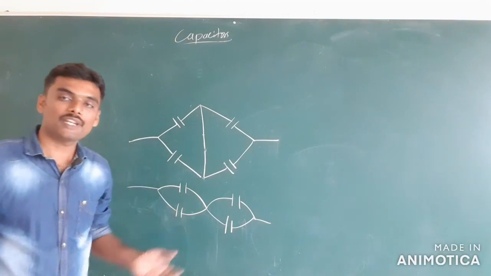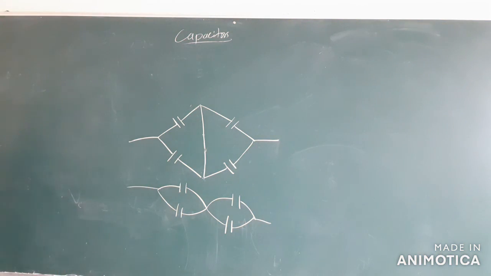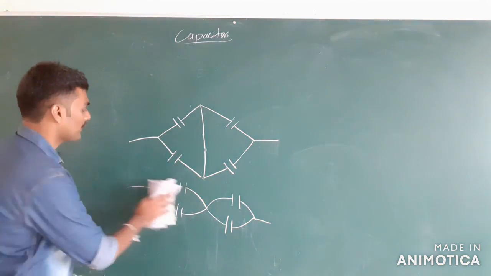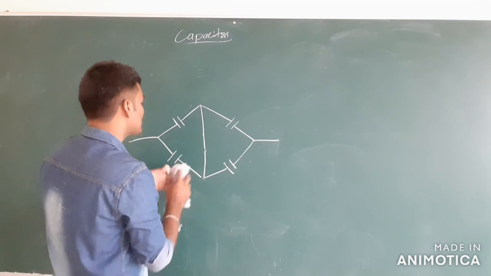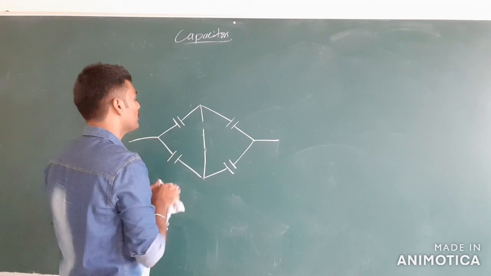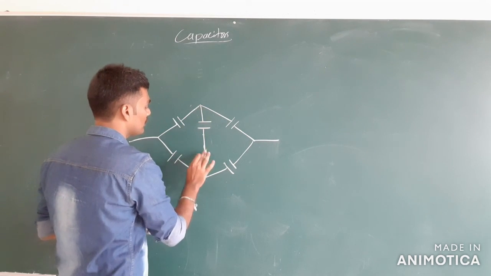Very easy, isn't it? So that is how you should think when you have simple wires without any capacitors connected like this. And then what if you have two capacitors, one here and the other here.